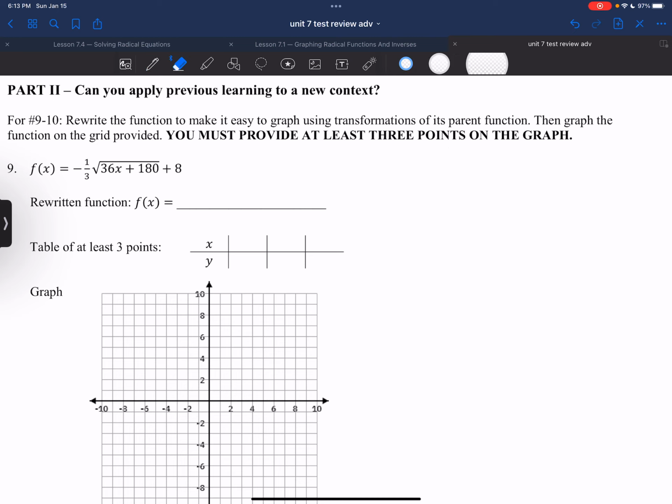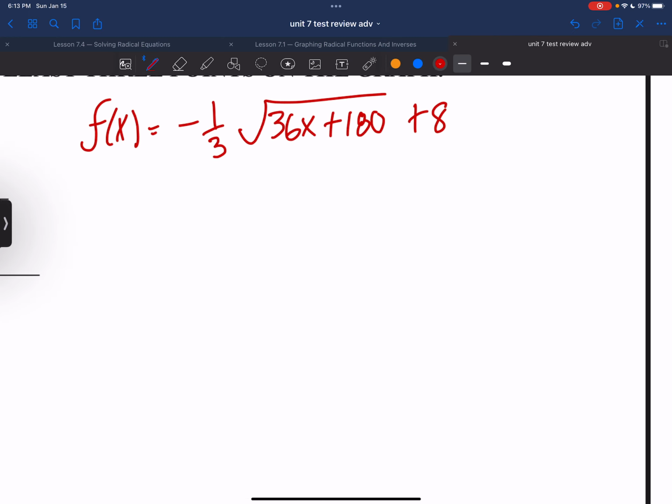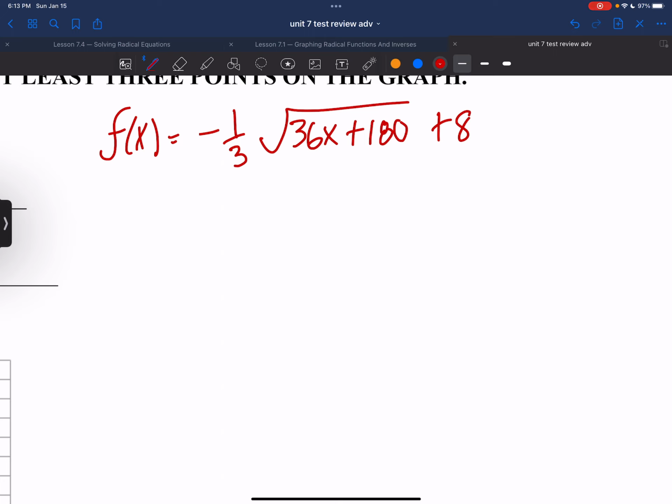Looking at this one, f of x equals negative 1/3 root 36x plus 180 plus 8. Well, I know that 36 is a perfect square. So this is negative 1/3 root 36x plus, and is 180 divisible by 36? Yes. 36 times 10 is 360.